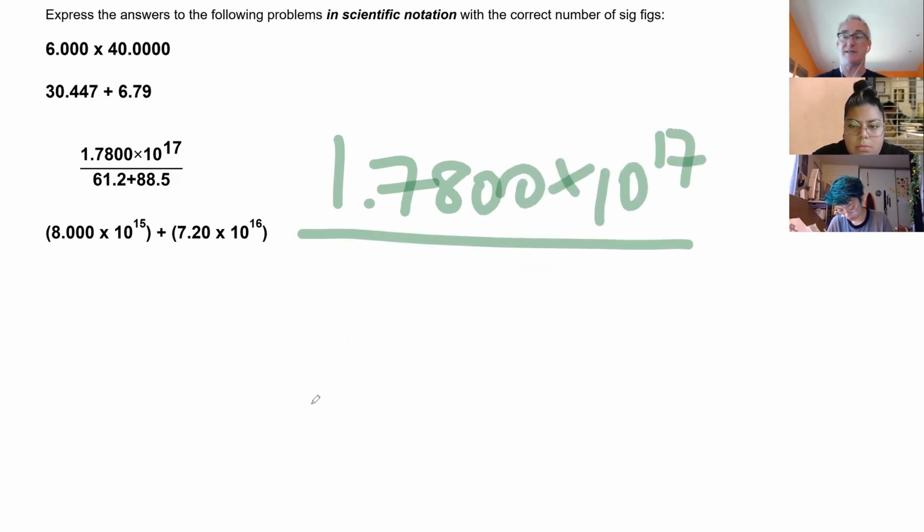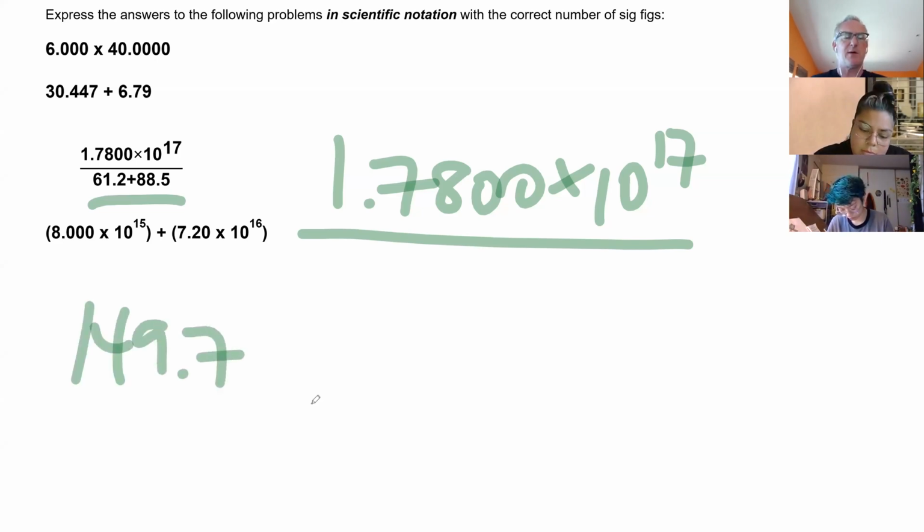What I'd suggest, since if you don't have... I don't even use a scientific calculator. I'm too dumb to use a scientific calculator. What I would do is put this in scientific notation as well. So what's my 149.7 in scientific notation? 1.497 times 10 to the second.